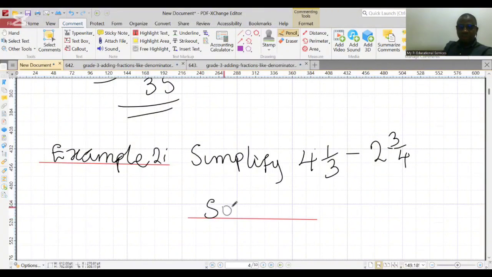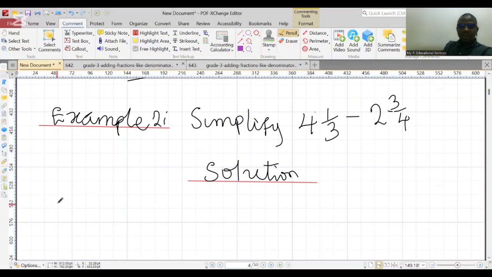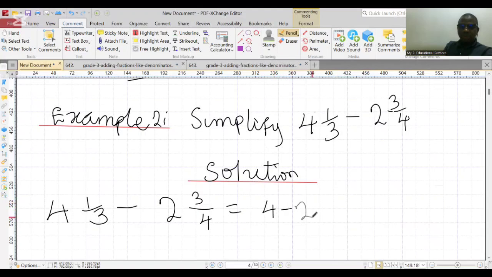Solution. So we have 4 whole number, 1 out of 3 minus 2 whole number, 3 out of 4. We're going to subtract the whole number, that will be 4 minus 2. Then the LCM of 3 and 4 is 12. So we have 12 here.